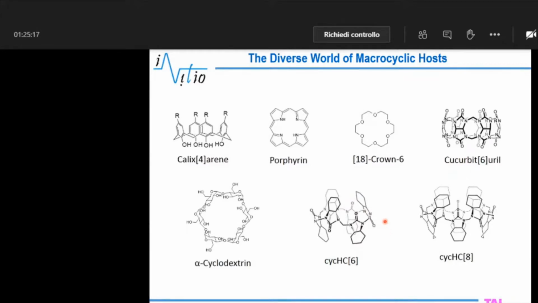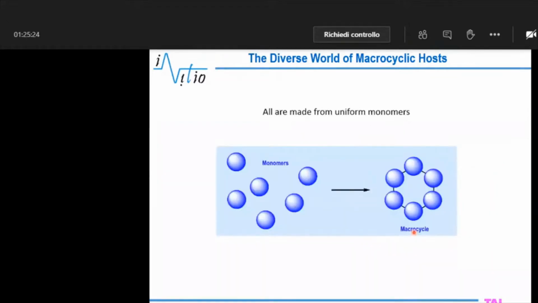But what is common from the point of view of a synthetic chemist here is that basically all of this diverse world is made of quite simple uniform monomers. From the synthetic point of view, this strategy is pretty straightforward. Just make an oligomerization reaction and you will get your macrocycle.